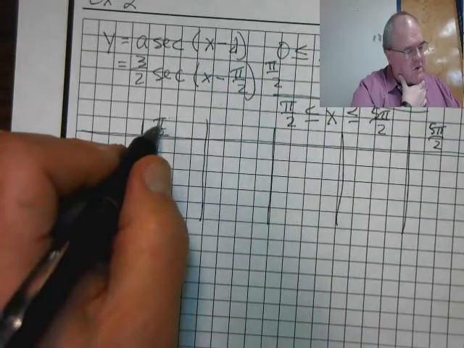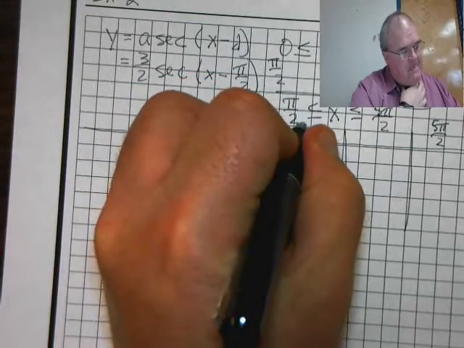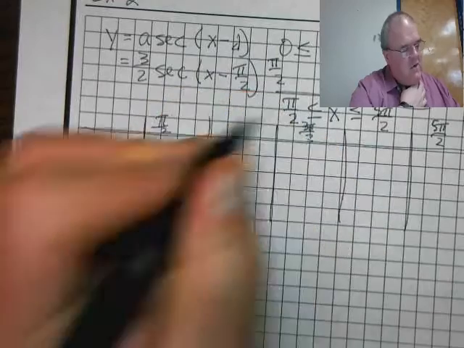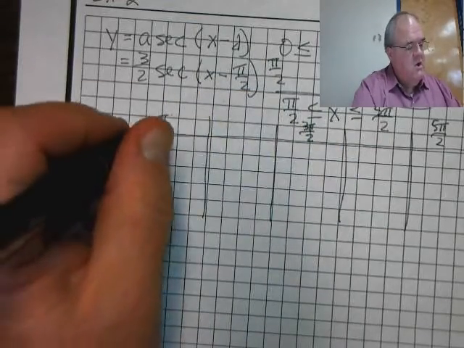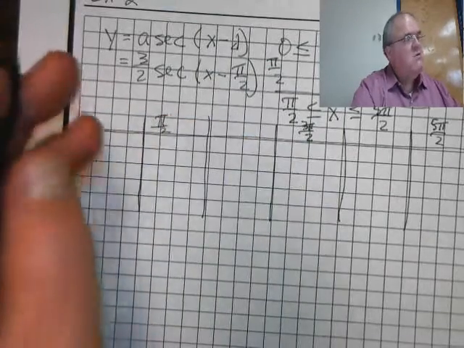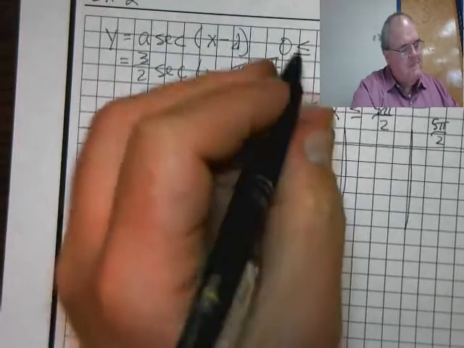So what's halfway between pi over 2 and 5 pi over 2? It's going to be 3 pi over 2. What's halfway between pi over 2 and 3 pi over 2? That's going to be pi.